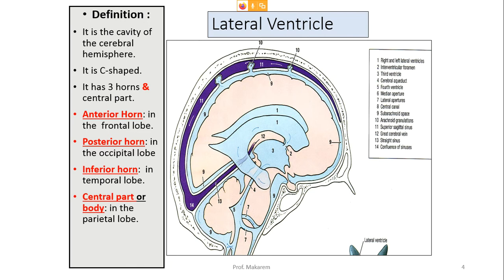Then coming to the central part or central body, it lies mostly within the parietal lobe.